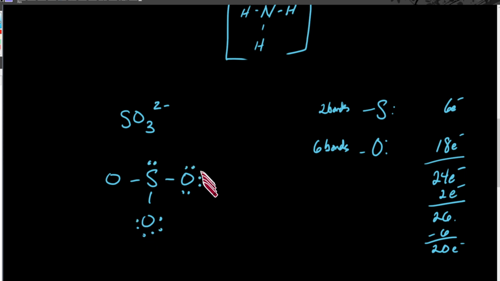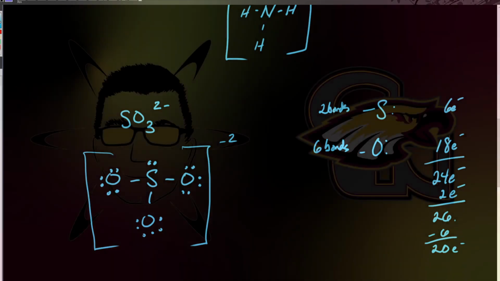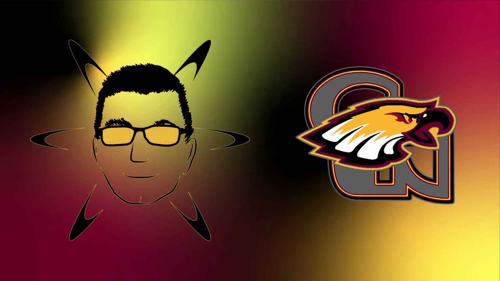That's 1, 2, 3, 4, 5, 6, 7, 8, 9, 10, 11, 12, 13, 14, 15, 16, 17, 18, 19, 20. And we're done, yeah? Okay, and that still has this lone pair here in the middle. Okay, and that's how we do polyatomic ions.